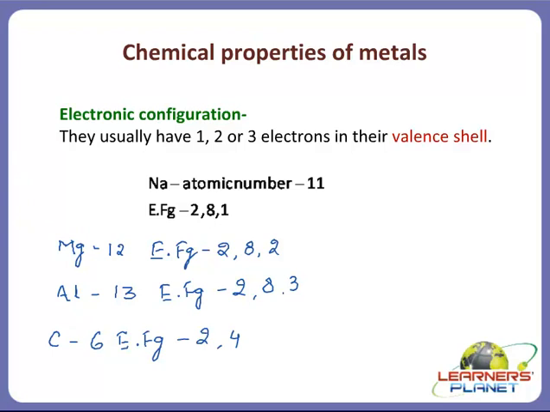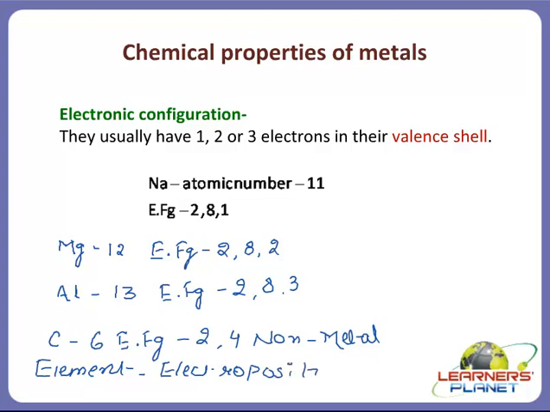So carbon can be categorized as a non-metal. So for an element to be a metal, what is essential is, it should be electropositive. That is, it should have the ability to lose electrons.